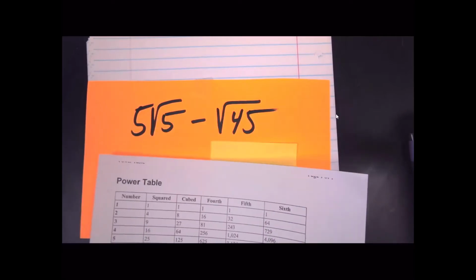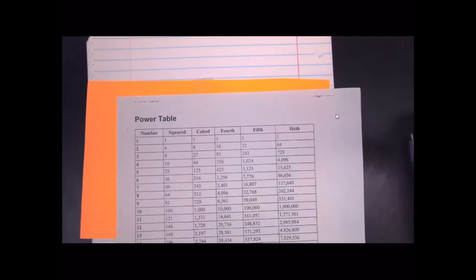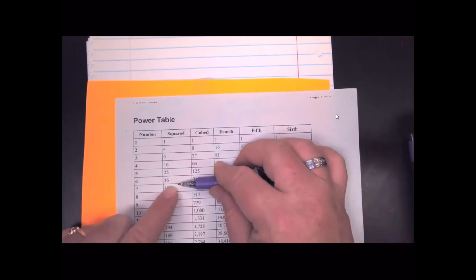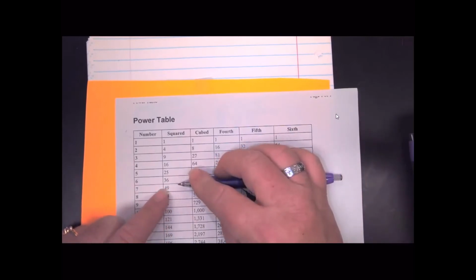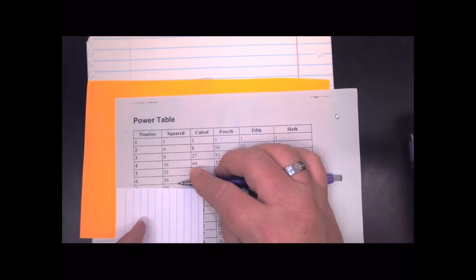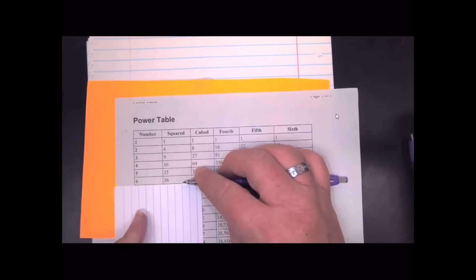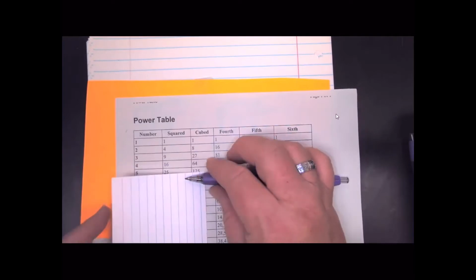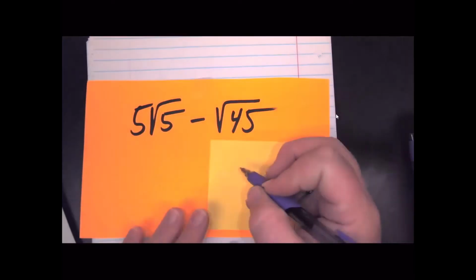So let's see, square root of 45. Let's find 45 on a square root table. Oh, it's not on there. So let's think, can I find factors of 45? Let's see. Does 36 go into 45? No. 25? No. 16? No. Does 9 go into 45? Oh, it does. 9 goes into 45.